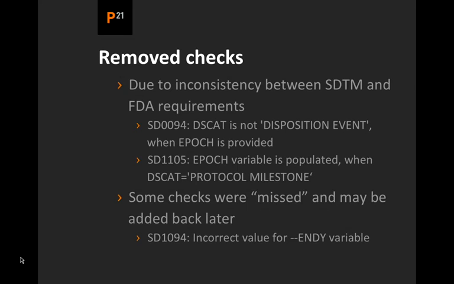Because of all that unclarity and inconsistency, and because of a lot of confusion around disposition data in general, those checks were removed by FDA. So right now it's very clear that you need to populate the epoch variable for each record in the disposition domain. And it's an FDA requirement. It's not SDTM compliance, it's an FDA requirement.